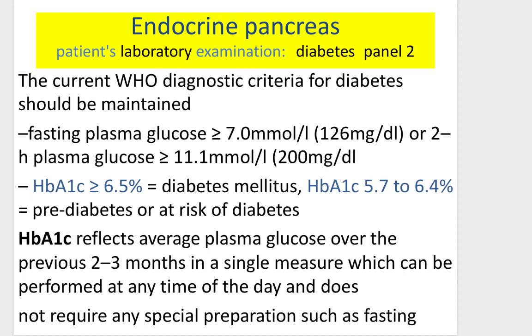The current World Health Organization diagnostic criteria for diabetes should be maintained: fasting plasma glucose more than 7 millimoles per liter, or 126 milligrams per deciliter, or 2-hour plasma glucose more than 11.1 millimoles per liter, or 200 milligrams per deciliter. What is the oral glucose tolerance test?